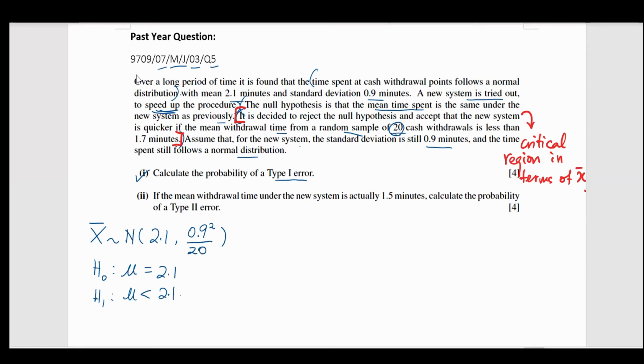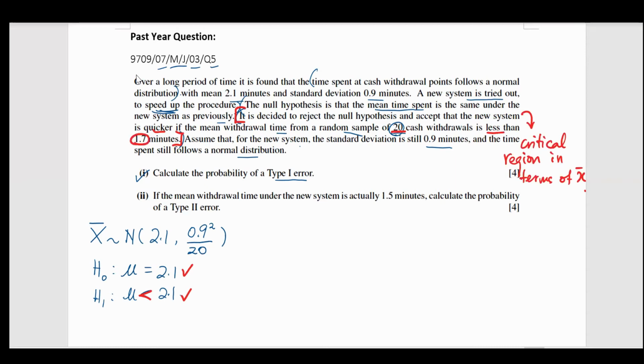It is decided to reject the null hypothesis and accept that the new system is quicker, which means we reject H null and then automatically accept H1, that the mean is less than 2.1 minutes, if the mean withdrawal time from a random sample of 20 cash withdrawals is less than 1.7 minutes.